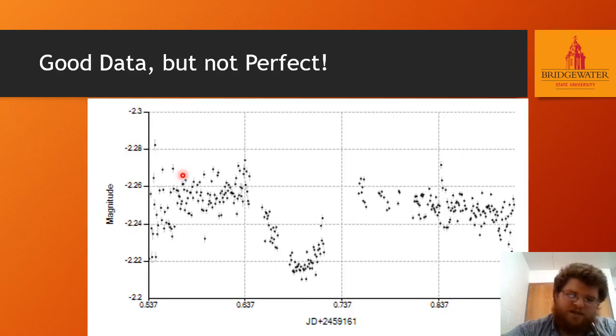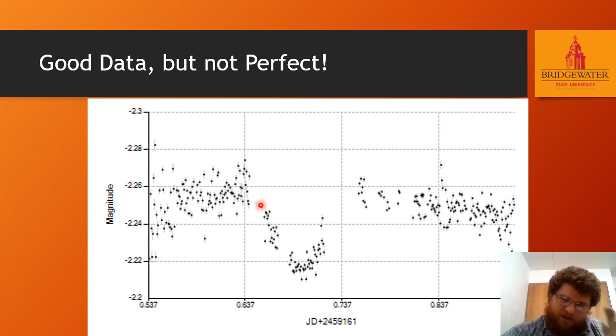So yes, this is a good graph, but as I mentioned before, there's a bit of deviation here and here. That is not just to do with the focus, but also to do with the fact that the object of interest, the star that we were looking at, was closer to the horizon at these points, so the brightness does change more drastically at these points.